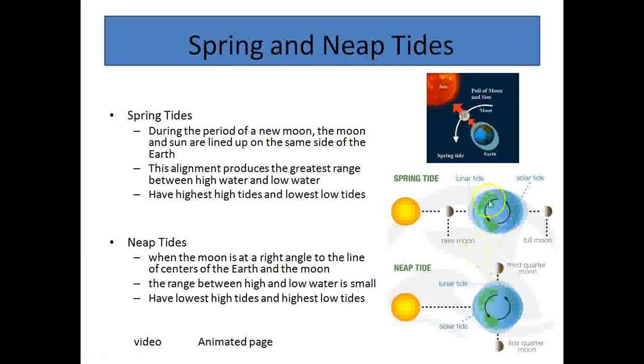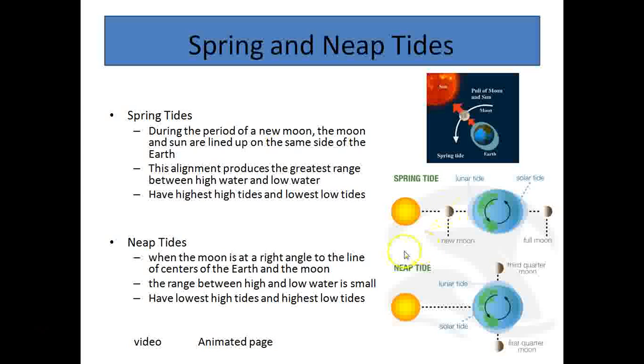Because the pull of the sun is pulling some water away from what's being pulled towards the moon, or due to centrifugal forces, it diminishes or makes it less high.